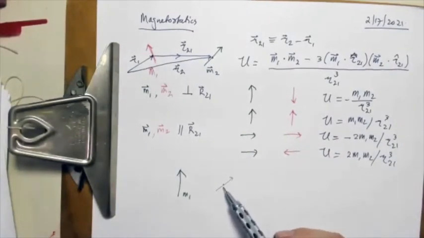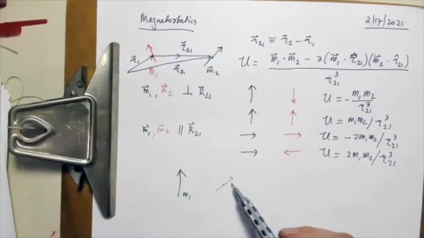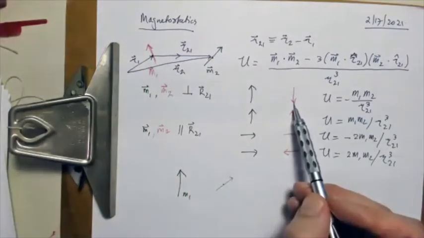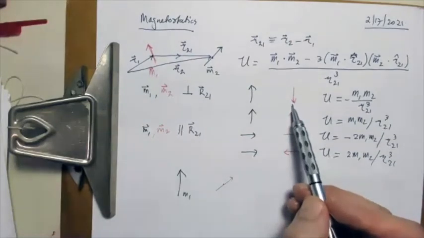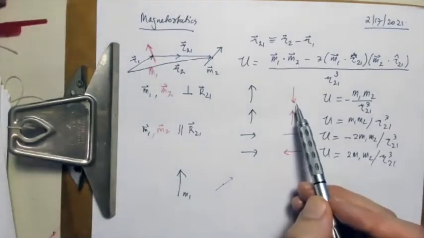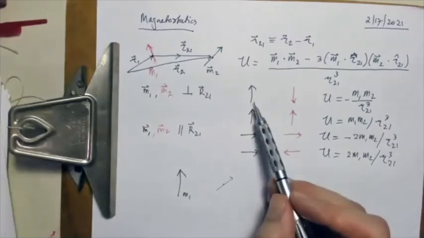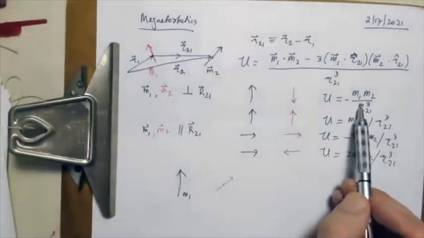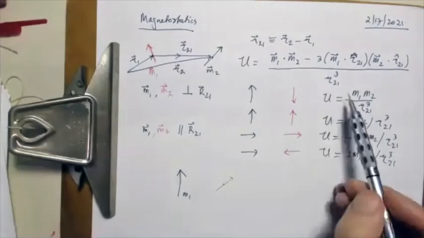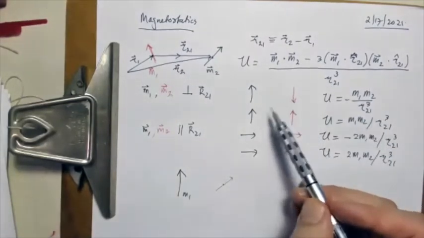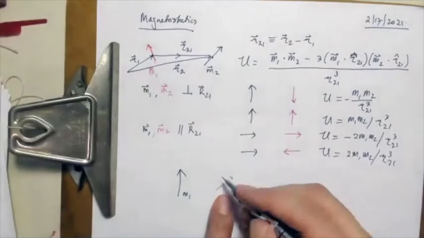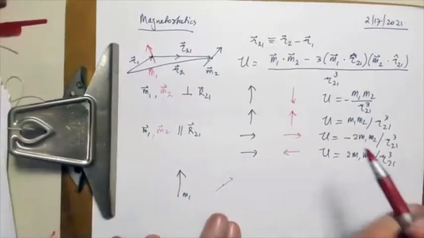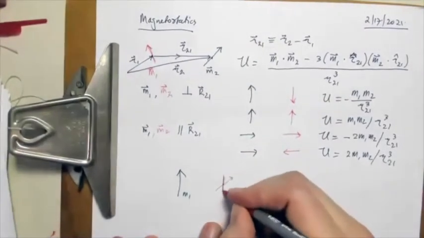If we place it here, that is obviously not the lowest energy form, because this one is the one with the lowest potential energy, right? Because if the angle is anything other than exactly 180 degrees, this potential energy, you can see that from the dot products, is bigger than if they're exactly anti-parallel. So actually here, we need this M2 to be pointing down.